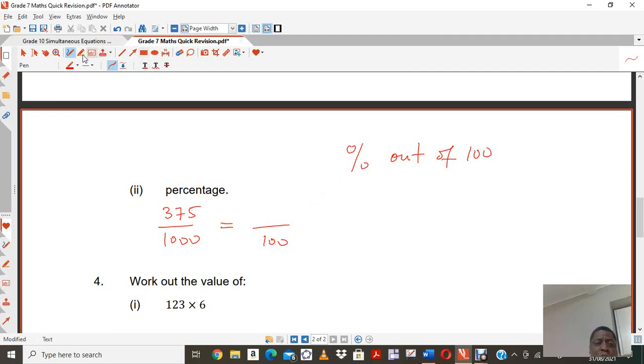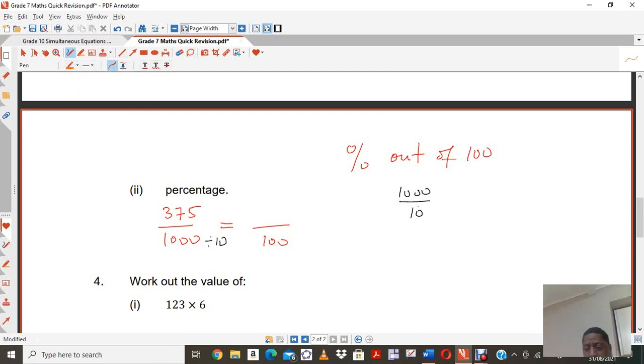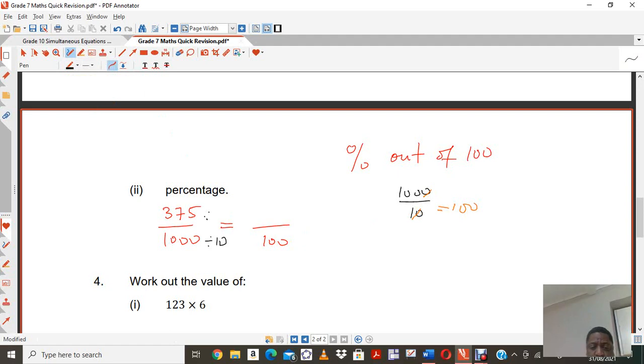Now, in order for me to do that, I'll have to divide here by 10. Because if you divide 1,000 by 10, guess what you're going to get? You're going to get nothing but 100. So what you do under, you should also do on top. So you're going to divide that on top there by 10.